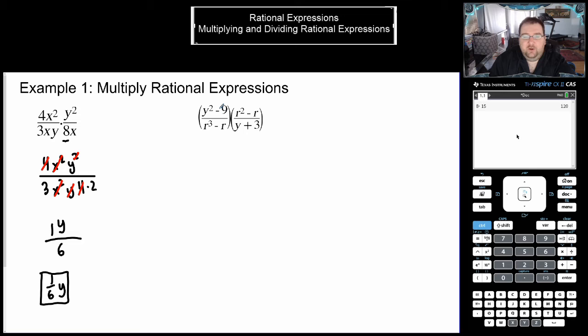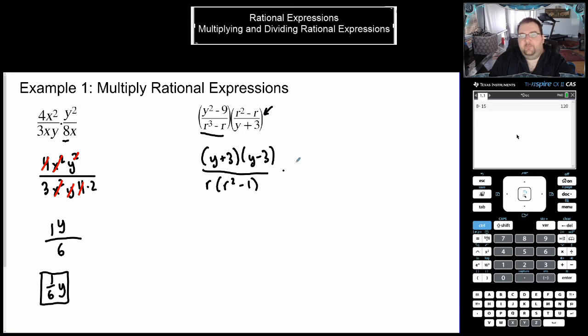Let's do the same thing over here. So this time I'm going to do a different first step. I'm going to factor first. So y squared minus 9 is going to be factored into y plus 3, y minus 3. This r cubed minus r, we're just going to remove the r first and have r squared minus 1.